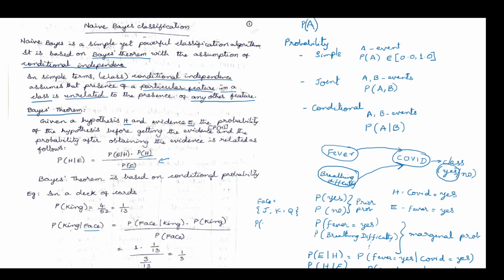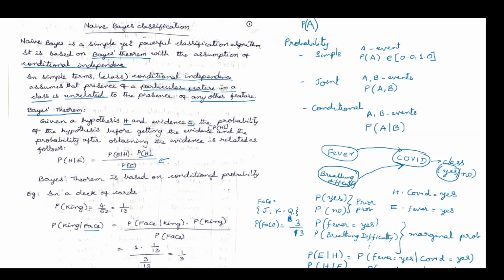So probability of face, drawing a face card, is out of a total of 52. Out of the 13 cards per suit, 3 of them are face cards. This is true for all the 4 suits. So probability of face is 3 by 13.